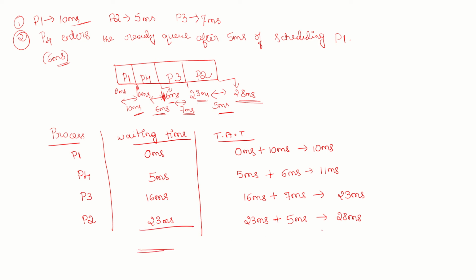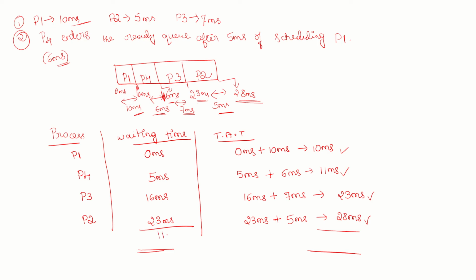We have to calculate the average. 0, 5, 16, 23, we have to find the sum of these divided by 4. Here also 10 plus 11 plus 23 plus 28 we have to do, then divide by 4. Now, can you tell me what is the answer?